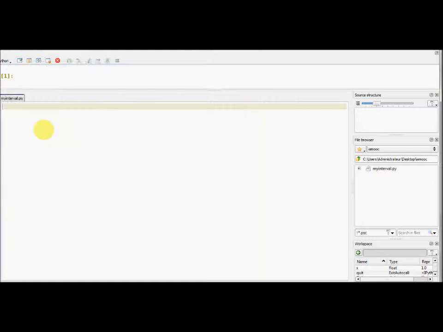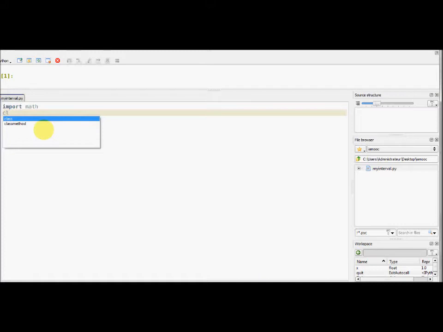Save. Okay. Now for this interval library, I will first import math, because I will use sine, cos, square, and so on. And I will now implement my interval class.